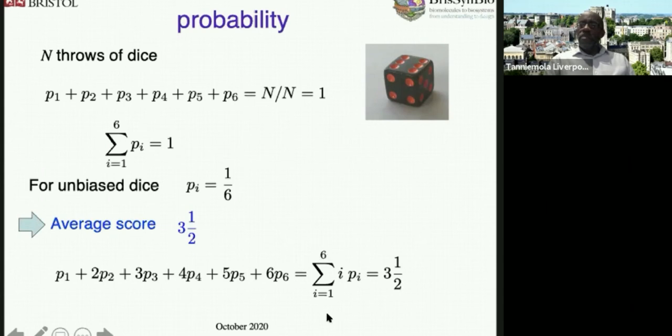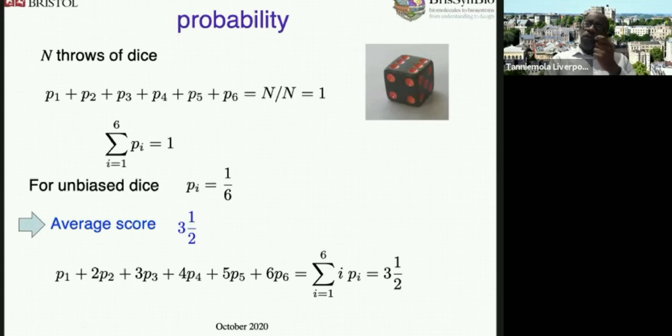So it's just the sum from 1 to 6 of i, the score, times the probability of getting that score, and we'll get 3.5. So using probabilities, averaging over probabilities, will tell us how likely any scenario is, what the most likely scenario is, or what the average of what one obtains is.